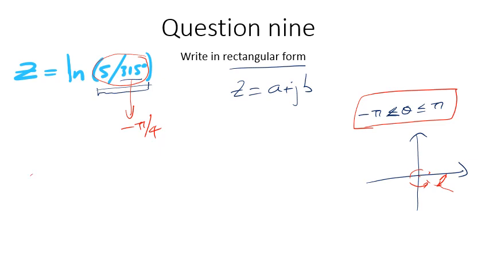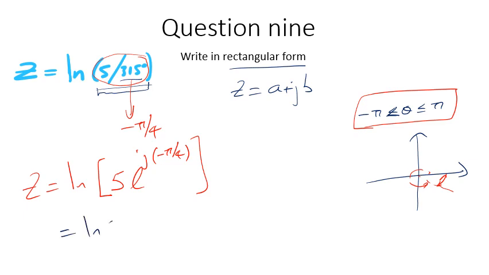And so if we do that, watch, z is equal to ln, square bracket, 5 e to the j theta, but theta is minus pi by 4. Now, if you look carefully, this is like ln of a times b. So this becomes ln 5 plus ln of e to the minus j pi by 4.